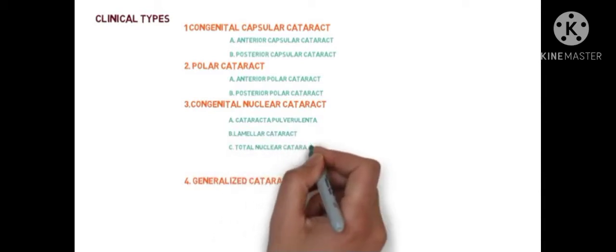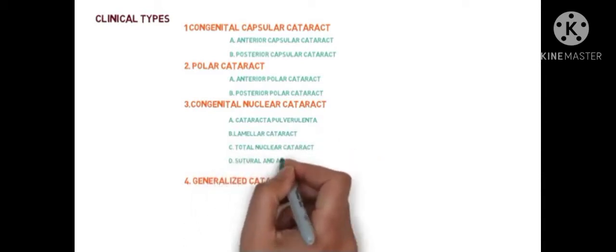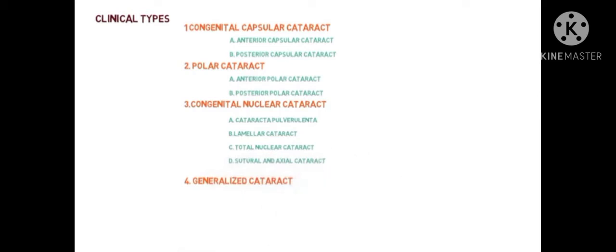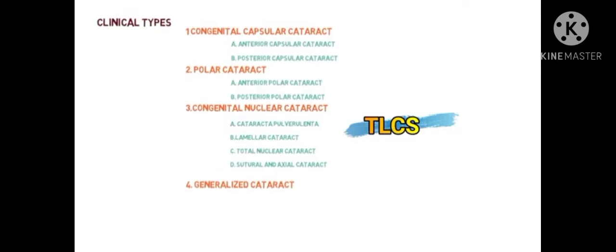We can remember congenital nuclear cataract as TLCS. T for total nuclear cataract, L for lamellar cataract, C for cataracta pulverulenta, and S for sutural and axial cataract.